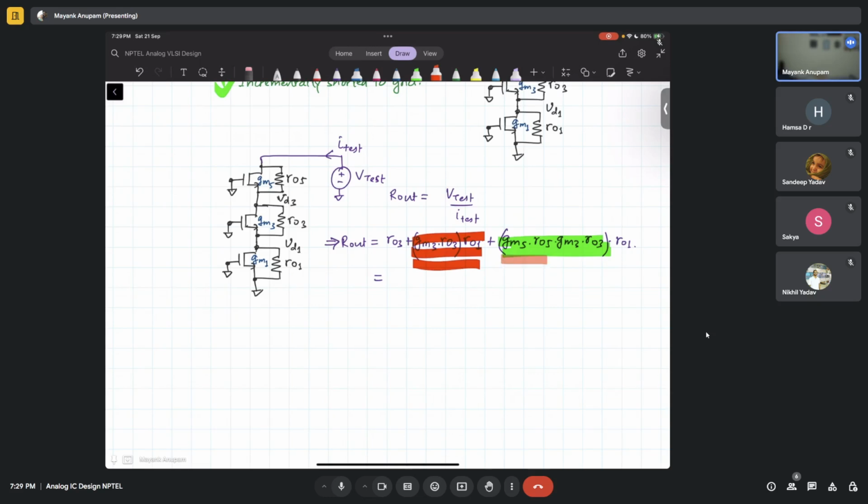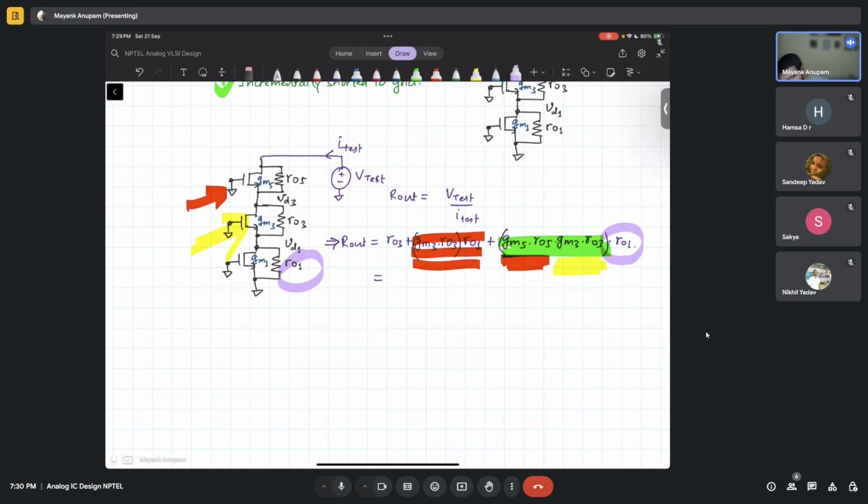You see the intrinsic gain of MOSFET number 5 is coming here. Then the intrinsic gain of MOSFET number 3 is coming here, right? And R01 is the output resistance of the first MOSFET, so R01 is appearing here.